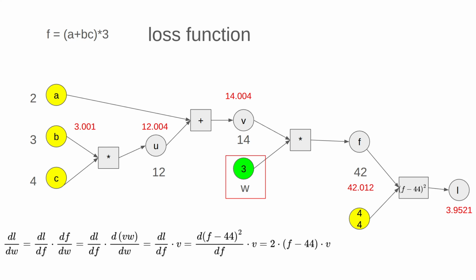So the only important thing here is to know whether DL over DW is positive or negative, so that we can decide whether to increase or decrease the W. This is how we can use the computational graph and backpropagation to decide how to update the parameters here.